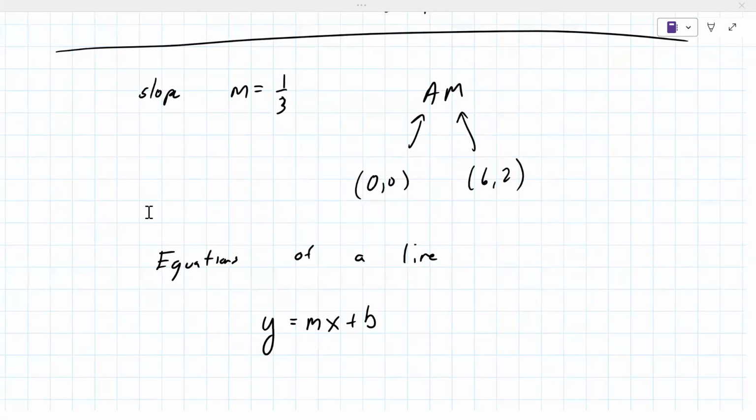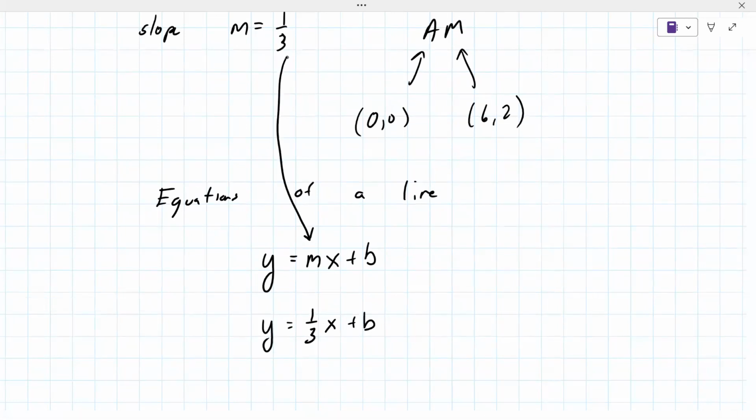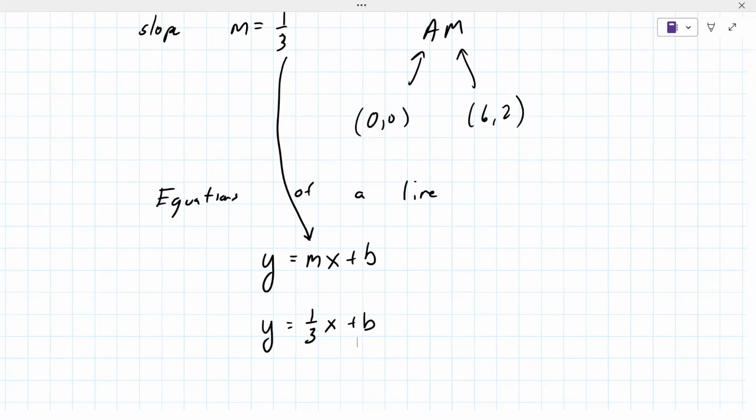All right. So let's use the slope of 1/3, and we're going to put that into this equation here. y equals 1/3 x plus b. To determine b, we have to find an x and a y. So do we have an x and a y here from either of these points? We have an x 0.